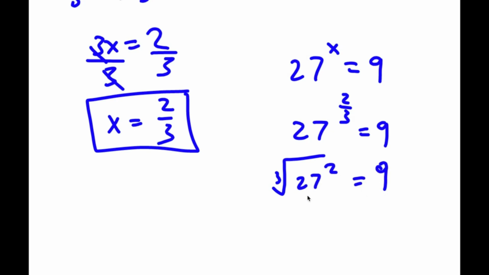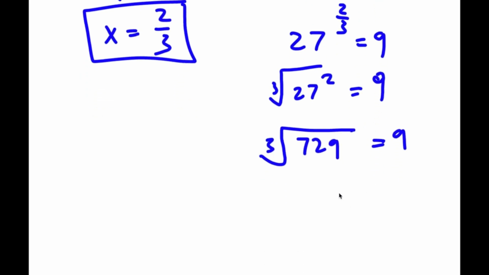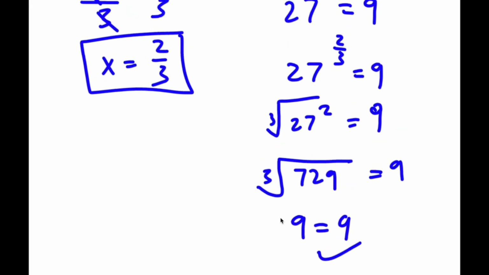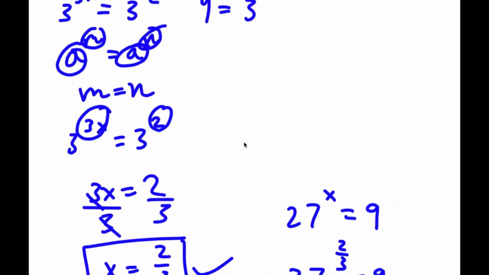Now 27 squared is equal to 729. So now I have the cube root of 729, which is equal to 9. So I have 9 is equal to 9, because this is right, we know that our solution x equals 2 over 3 is right.